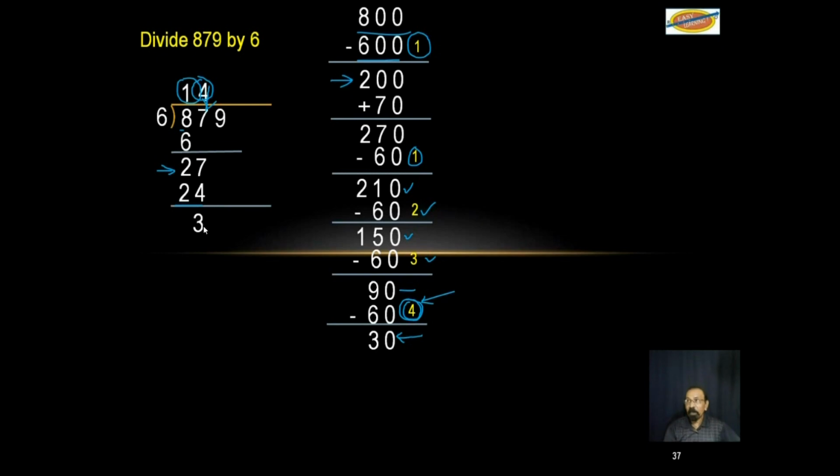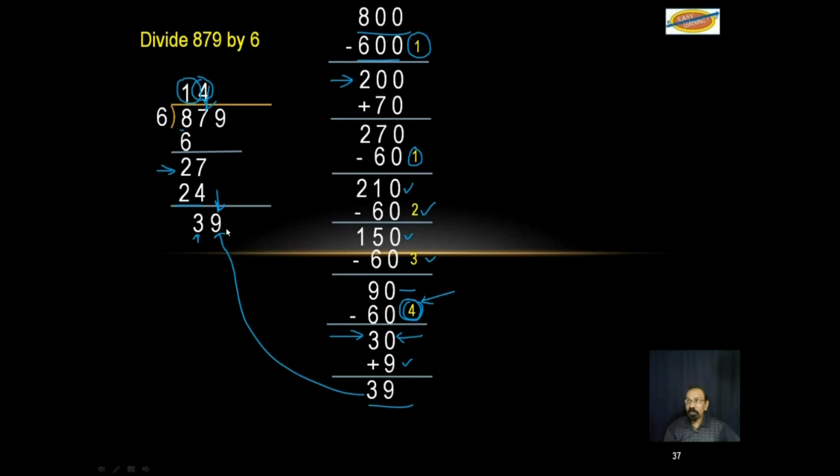That 3 being in the tens position is not really 3. It's actually 30. Well, we then bring down that 9, and we now have 39. Remember, we are now in the ones position. So we add that 9 to this 30 over here, and we get 39. This 39 is that same 39 there.